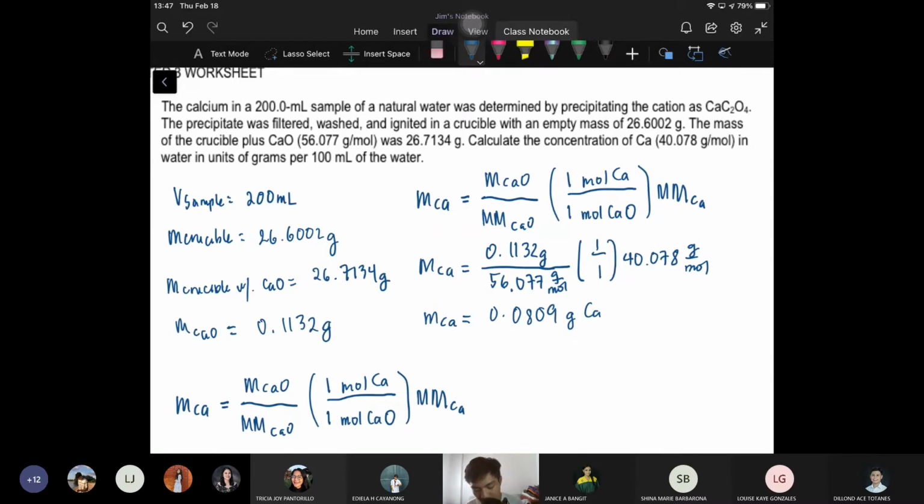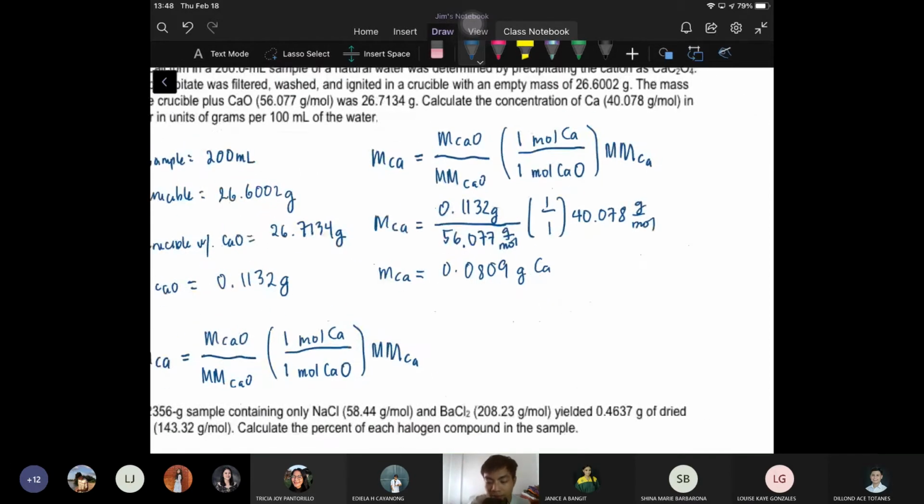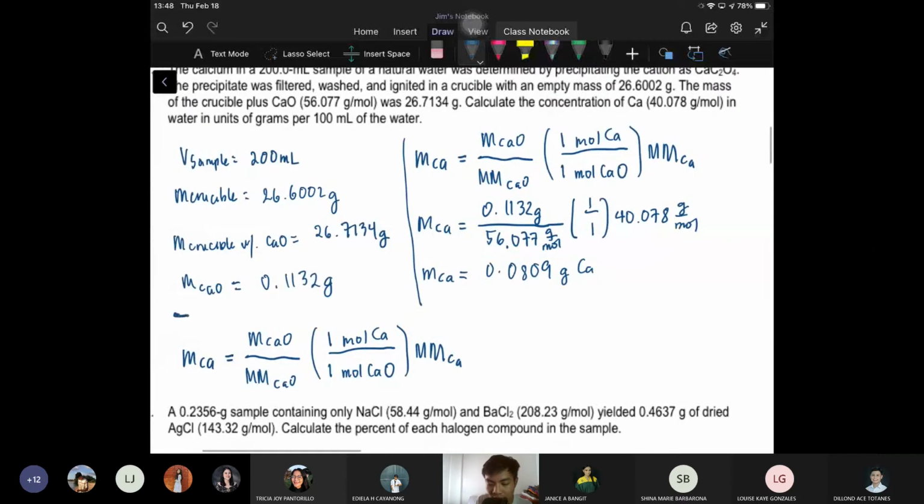So, paano mo makukuha yung grams per 100 ml ng water? Okay. Bago mo makuha yung grams per 100 ml water, you may want to solve first for the grams of calcium per ml of water. So, ganun muna gagawin natin. We have to look for the mass of our calcium per ml of water.